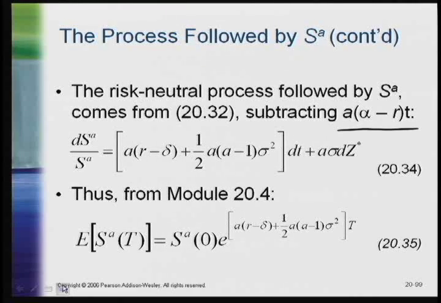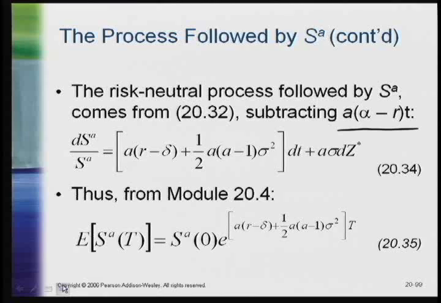So this is now the risk-neutral process followed by s to the a. We used Ito's lemma to calculate the process with alpha. We then, by virtue of the Sharpe ratio result, were able to come up with the risk premium for s to the a, and then we have the risk-neutral process for s to the a.